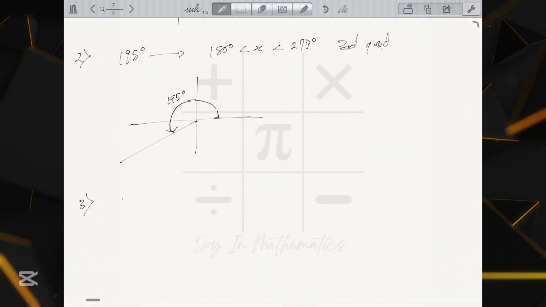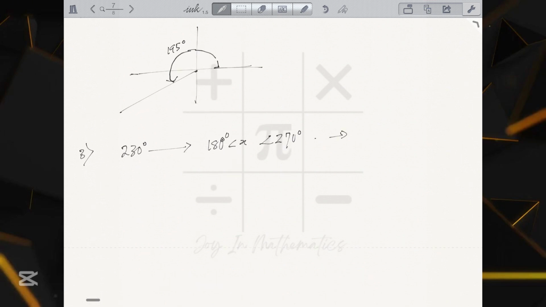Also, if we have 230 degrees, it is less than 270 degrees but greater than 180 degrees. So it falls in the range of 180 degrees less than x less than 270 degrees, and this is also in the third quadrant. The diagram will be similar to the previous one, going in the anti-clockwise direction to 230 degrees.